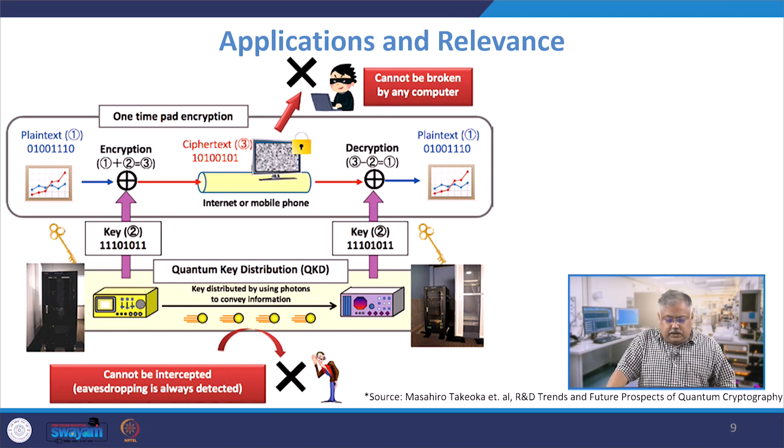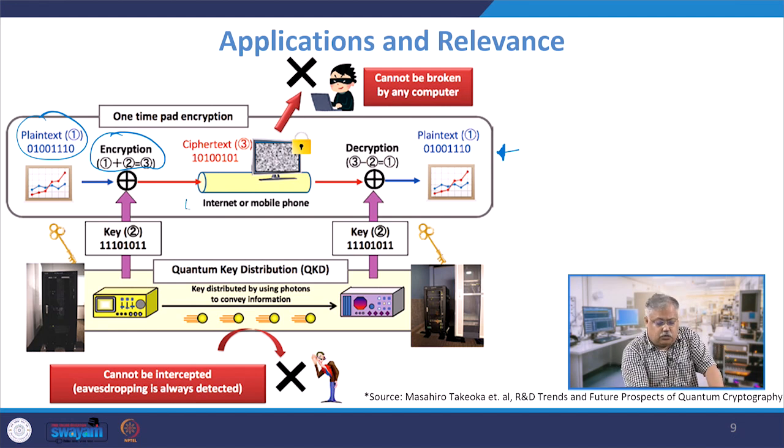So if you look at the first diagram here, this is a basic diagram of a quantum cryptographic procedure, right, and what we do is that we have a plain text here. Plain text basically means a 1 or a 0 state in a proper sense, and then somewhere in the middle we do an encryption here. We add the encryption by an external keying device, for example a quantum key distribution state here.